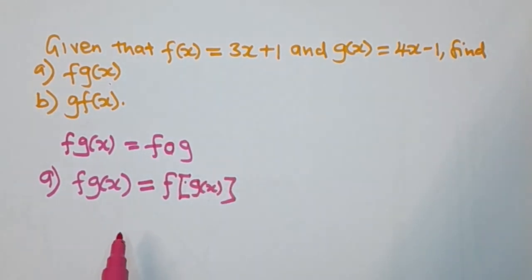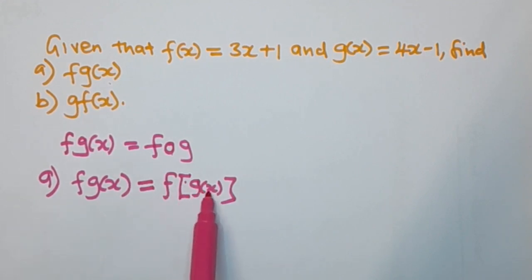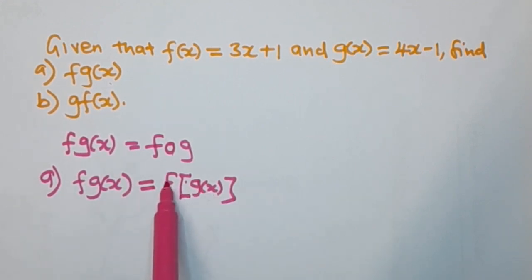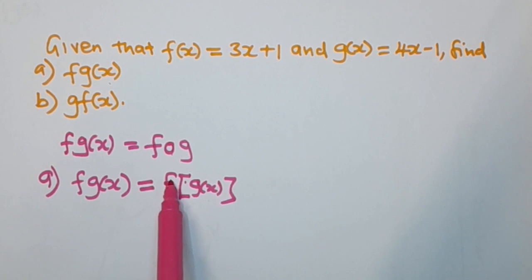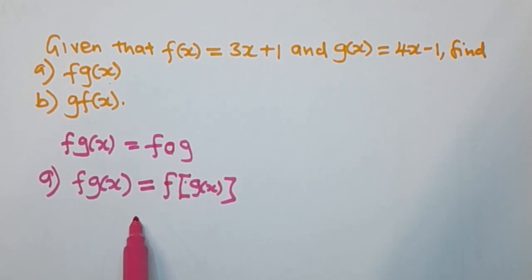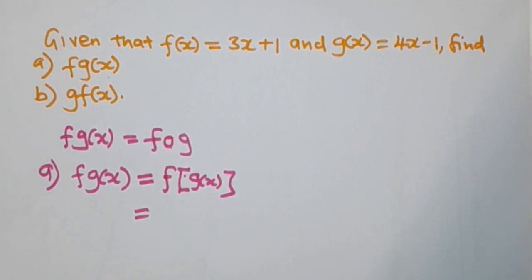So what it means here is that the function g of x is inside the function f. Whenever you have such a situation, it means that the function on the right is inside the function on the left. So in this case, g of x is inside the function f.